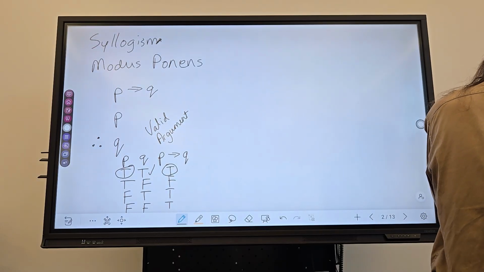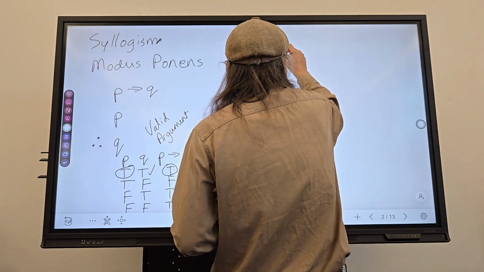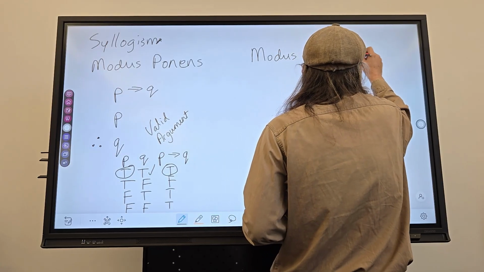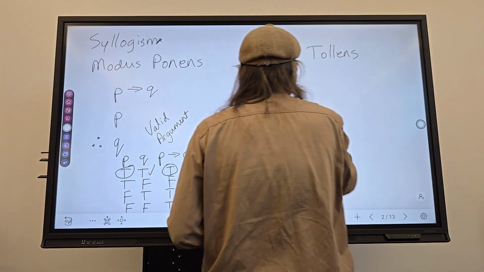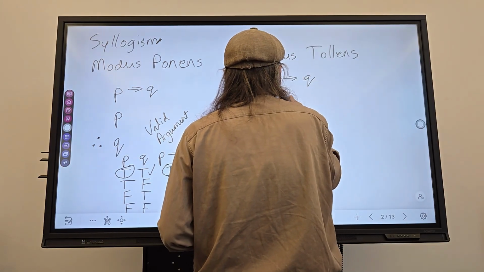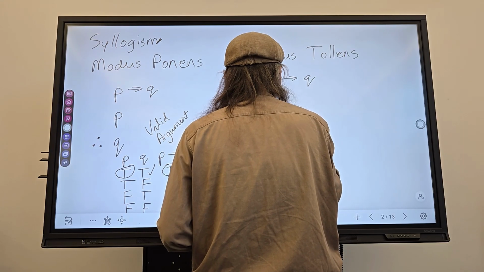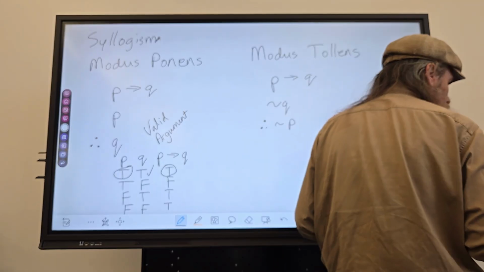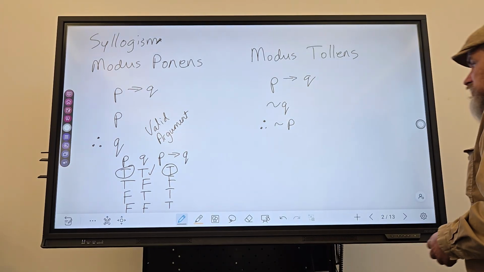Another famous syllogism, modus tollens. If P then Q, not Q, therefore not P. Again, you can look at the truth table here.